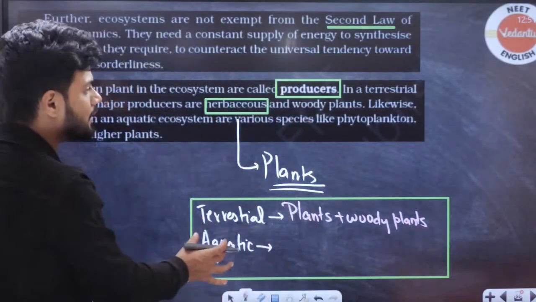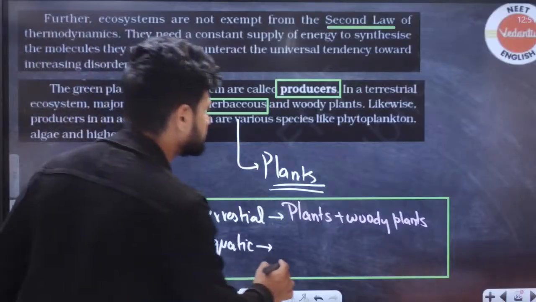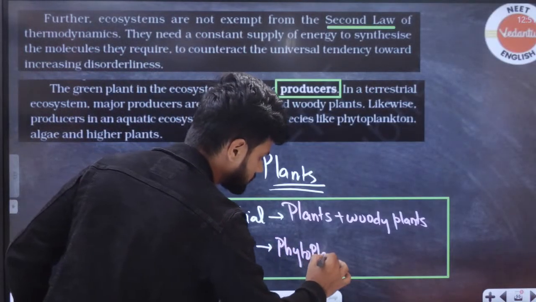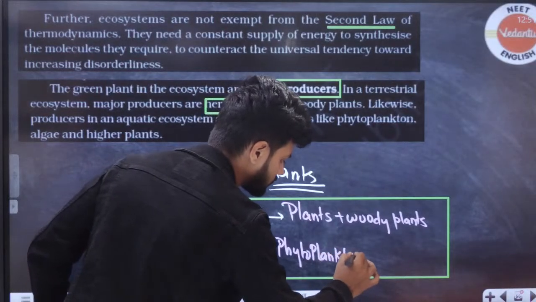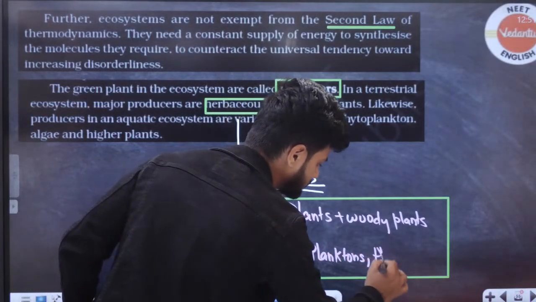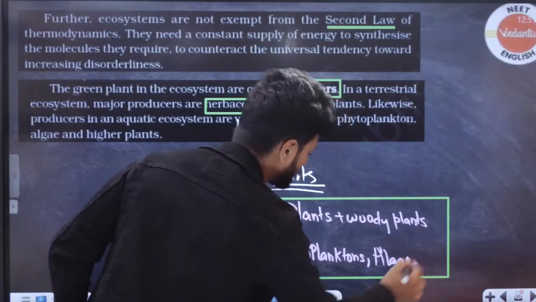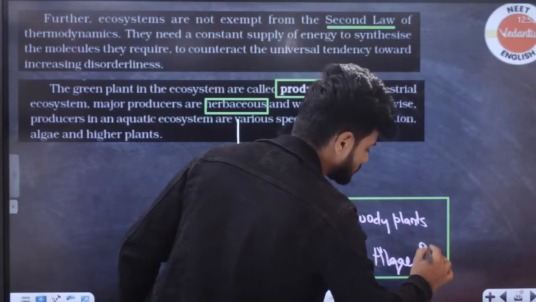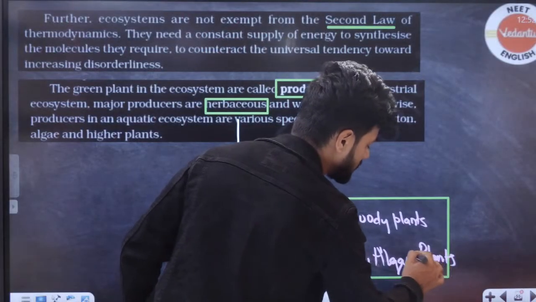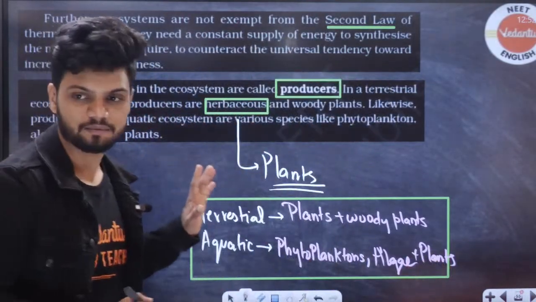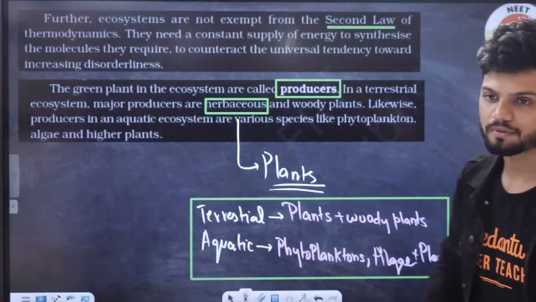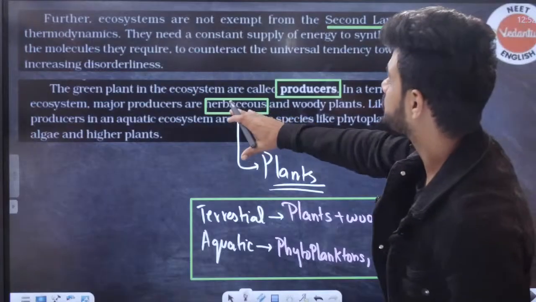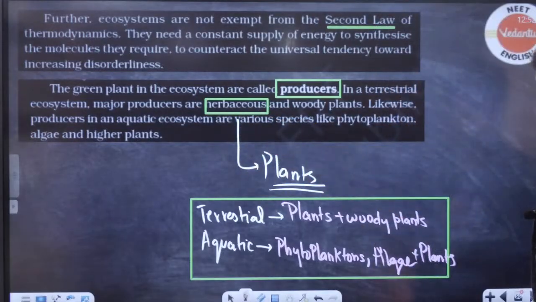In the case of an aquatic ecosystem, we have the algae, phytoplanktons, and also some submerged plants. It's herbaceous, not herbivorous, herbaceous.